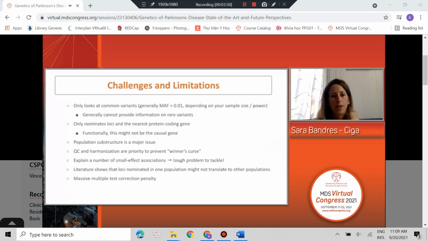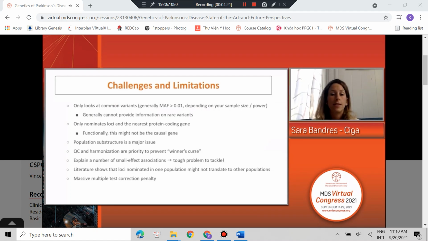But I'm here to be realistic, and in fact, the Parkinson's disease genetics field is very aware of our challenges and our limitations. GWAS only looks at common variants, so generally variants that have a minor allele frequency above 1% in the general population. Of course, depending on the sample size and the power, that threshold can vary a little bit, and sometimes we consider a minor allele frequency above 5%.